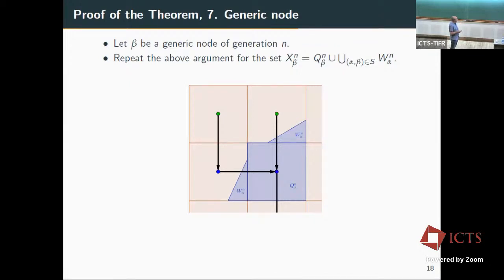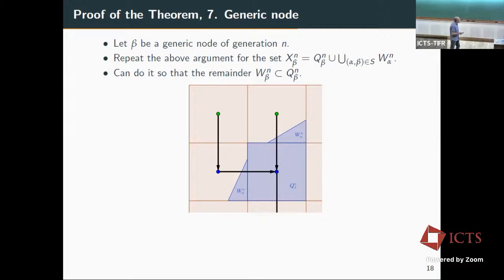But even so, it's not a problem, because you can still repeat the same argument, and basically you start taking the remainder inside the cube, and then taking small cubes in the origin in the cube Q beta n.